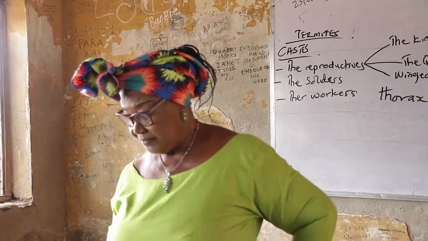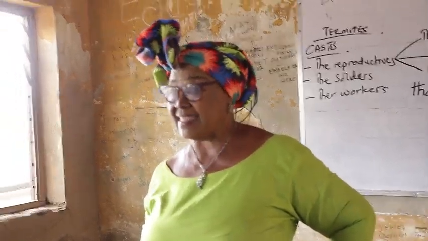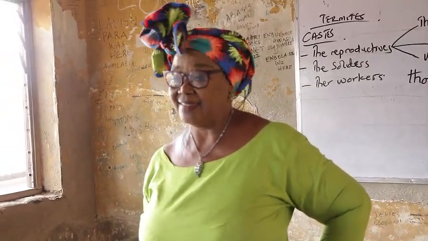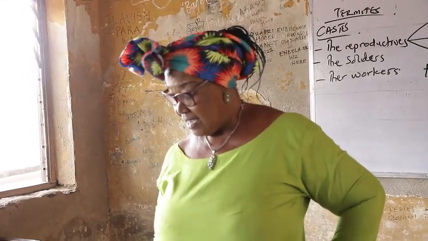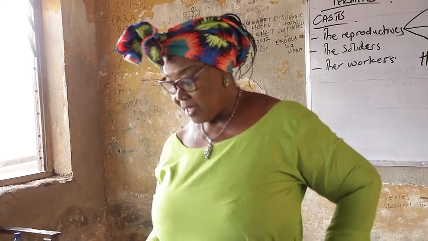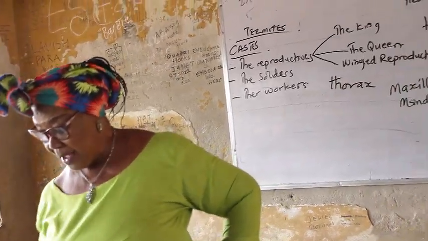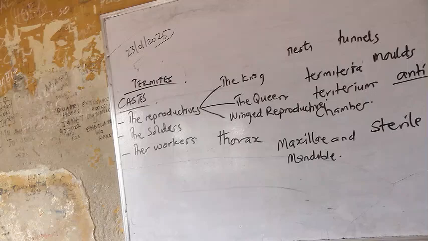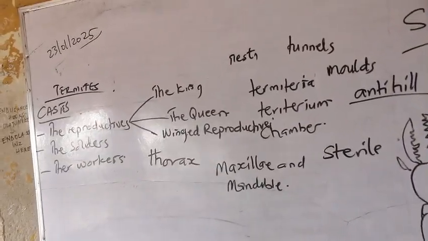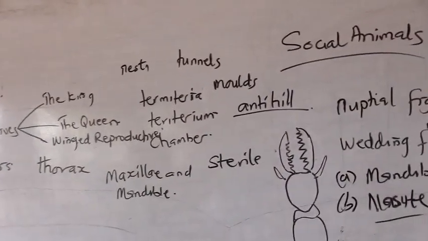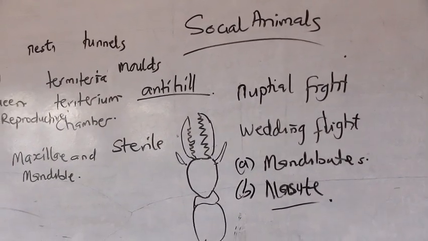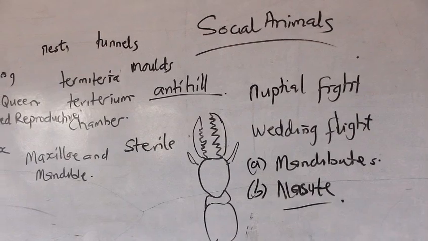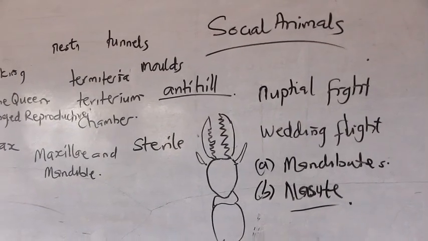Number 3, they take care of the eggs laid by the queen, put them in the chambers, and look after them.